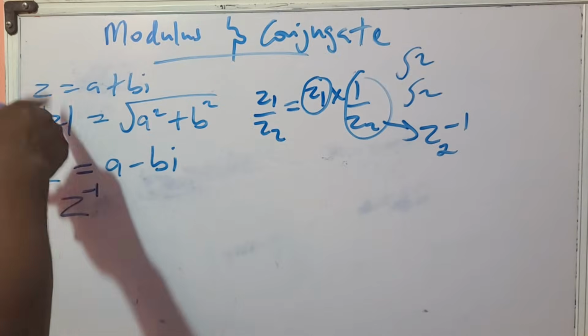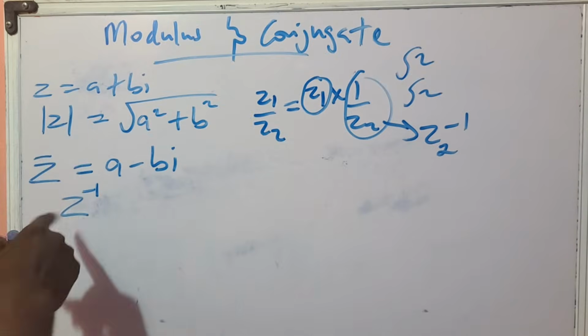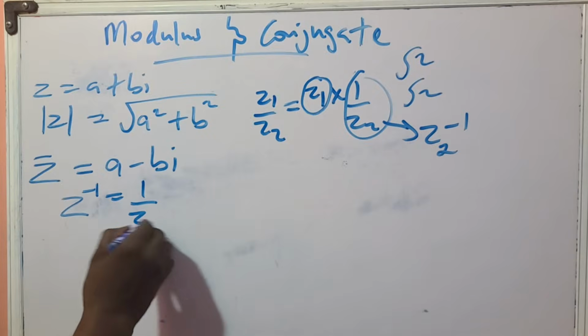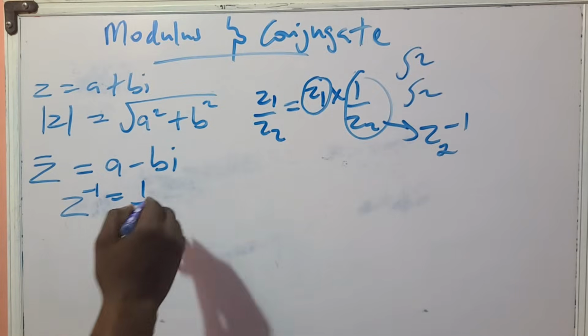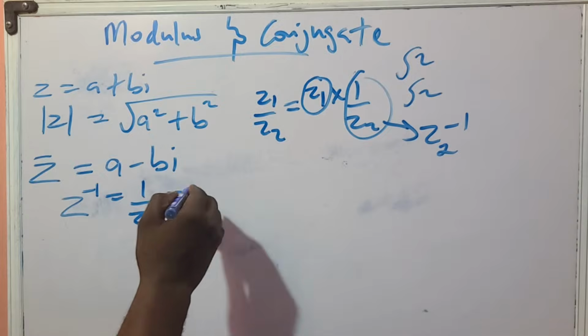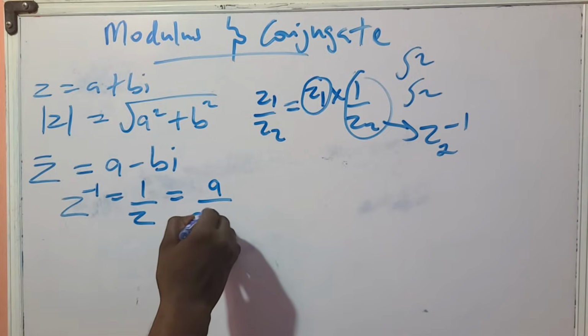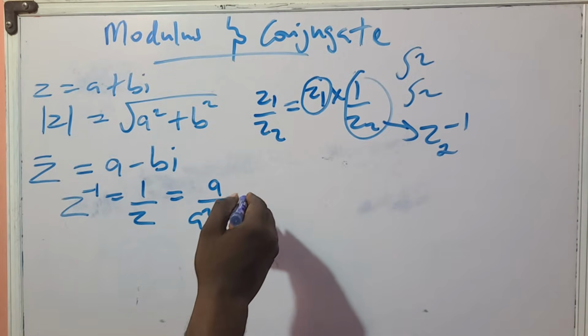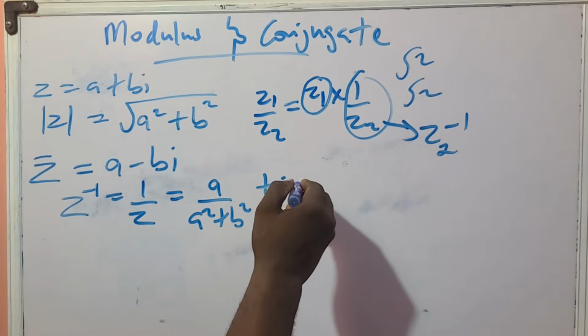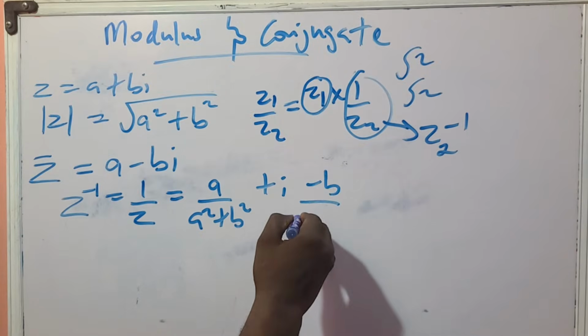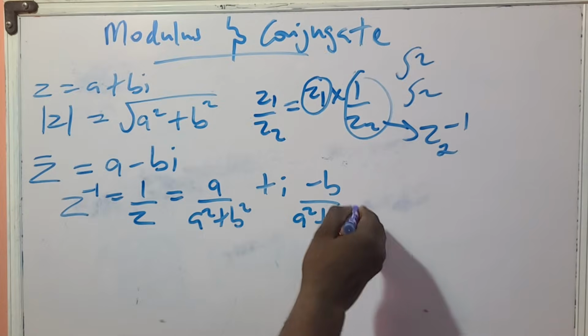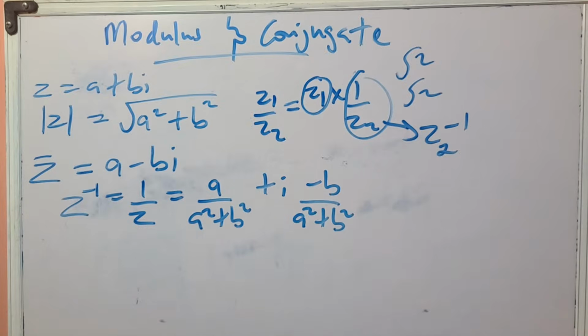If we wanted to find the multiplicative inverse of z, we would say this is 1 over z. All right, and the formula I gave you the last time, if you remember, was a over a squared plus b squared, plus i, and then we have minus b over the same denominator, a squared plus b squared. I'm sure you remember this.